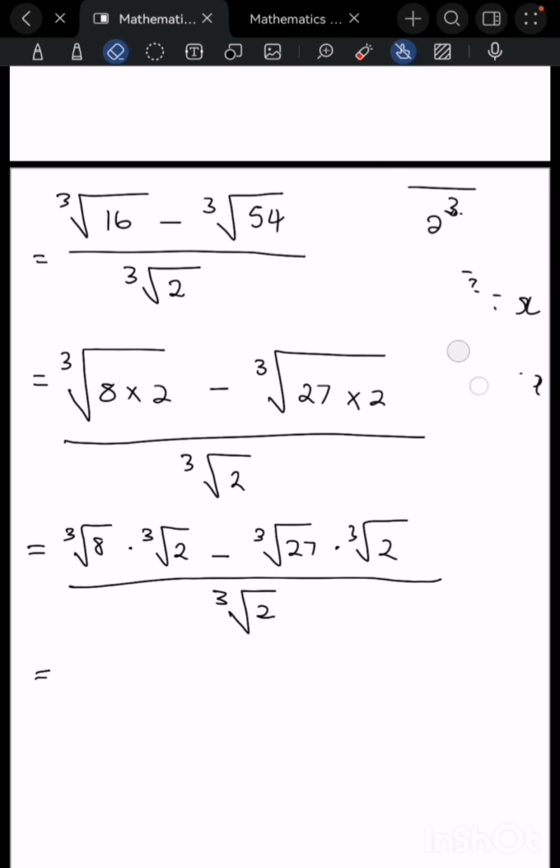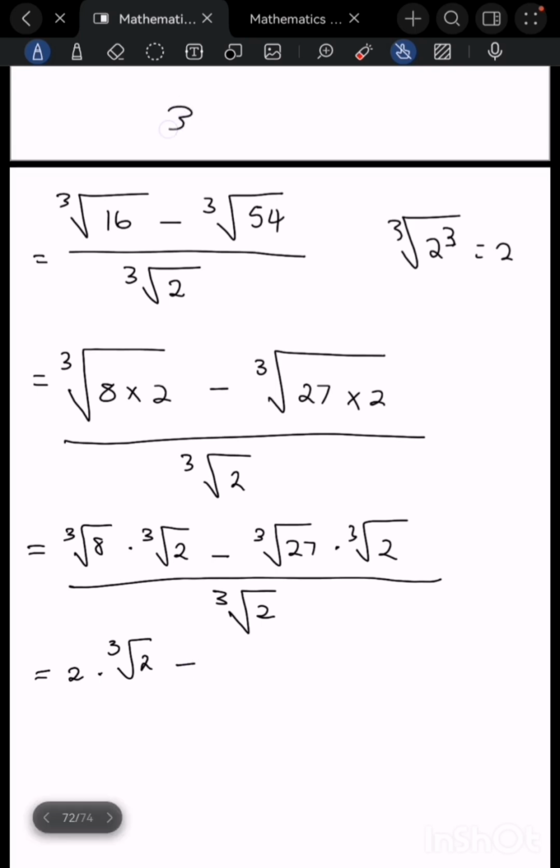In this case, the cube root of 2 to the power 3 is going to cancel this, and this is going to be equal to 2. So the cube root of 8 is going to be equal to 2 times the cube root of 2 minus the cube root of 27. 3 times 3 times 3 is equal to 27, which means 27 is equal to 3 to the power 3. Same logic.